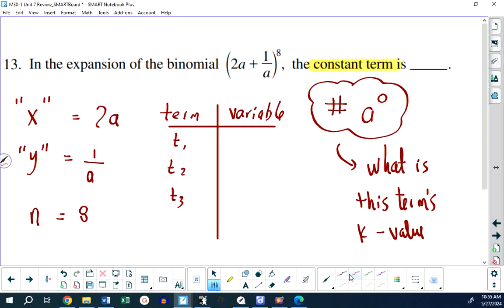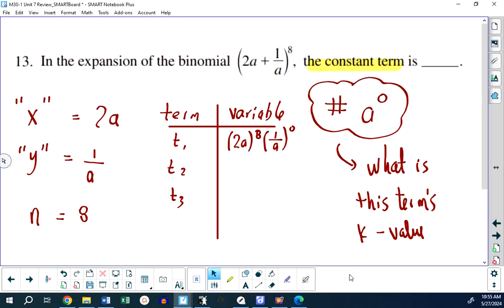So we know that the first term will always have x raised to the n, right? I just know the first term has x raised to the n, and if you want to be complete, it will have 1 over a, which is y, raised to the 0, okay? But the bottom line is we can look at that and we can say that's going to have a to the 8. A to the 8.